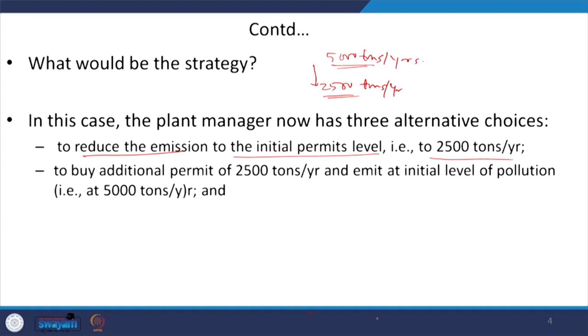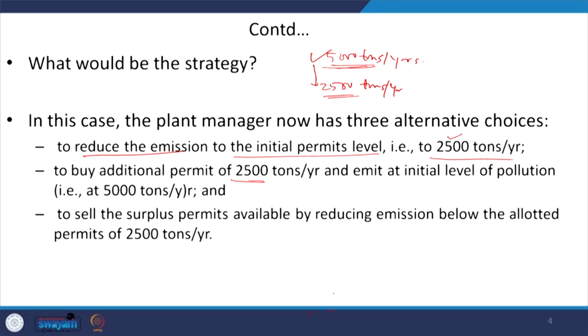The second could be that the manager thinks, let us continue with the same 5,000 tons of emissions per year, but obviously the allowed upper limit is 2,500. For that reason additional permits need to be purchased. The permit level is 2,500 and it is continuing with 5,000, so an additional permit of 2,500 tons per year needs to be purchased.